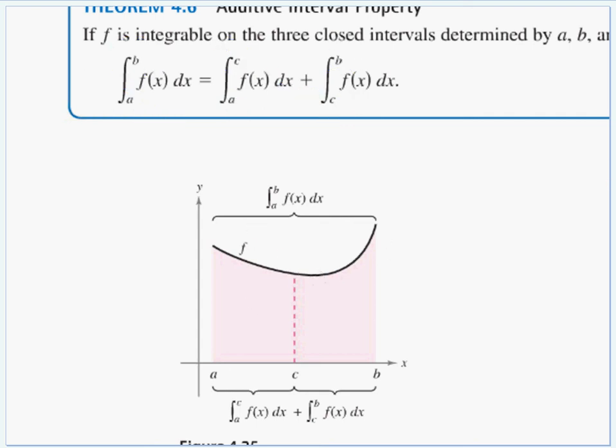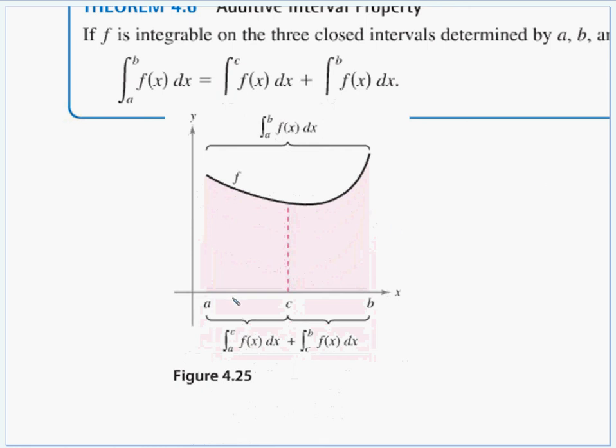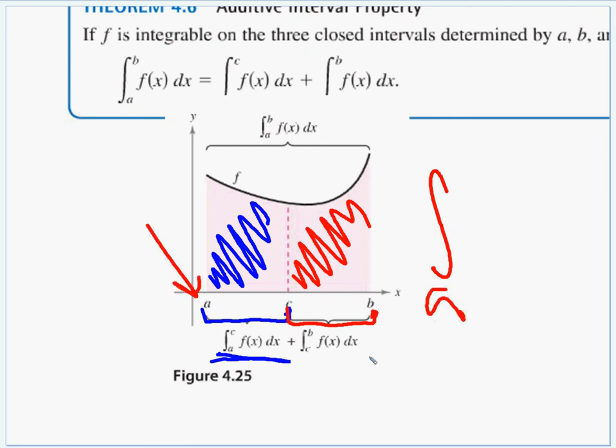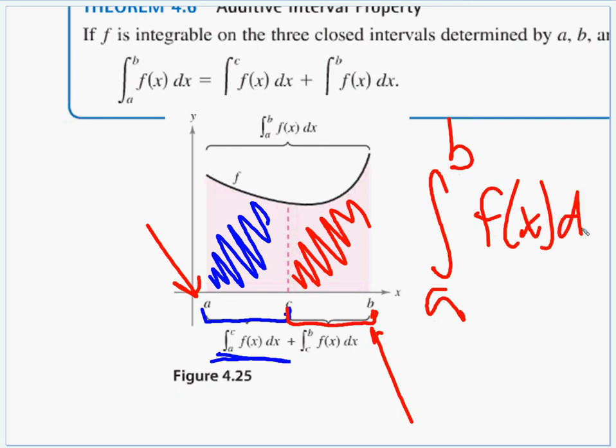So here we're going from A to C is our first area. I'm going to sort of highlight that here in blue. And then we're going to pick up at C and finish going all the way to B. So that I'll highlight here in red. We can combine those into one definite integral starting at A and going all the way to B of f of x dx.